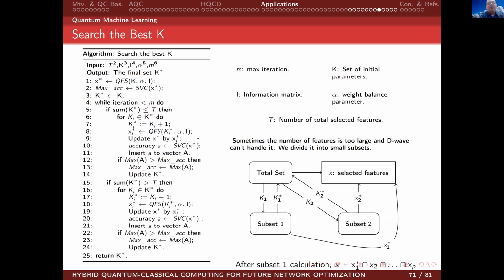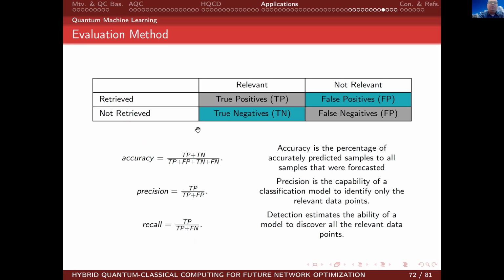After we design our algorithm, we run the simulation and get results. In order to compare our algorithm with other algorithms, we propose three criteria to evaluate its performance. The first one is accuracy, the second one is precision, and the third one is recall. In order to define these three terms, we first need to define true and false.